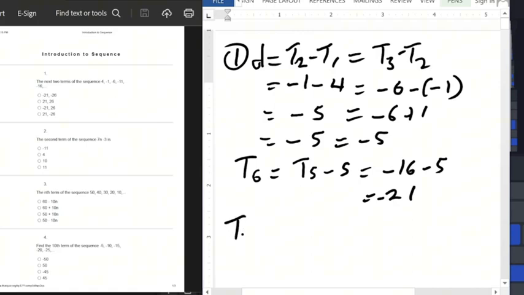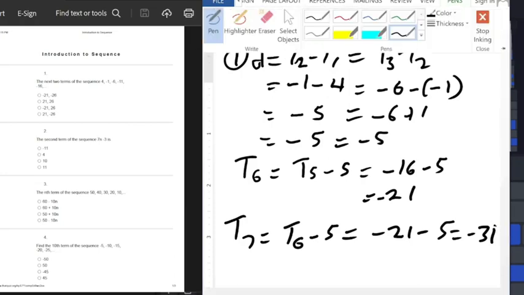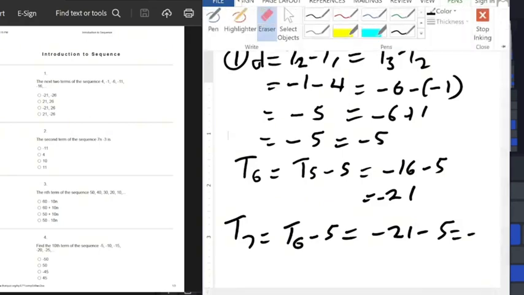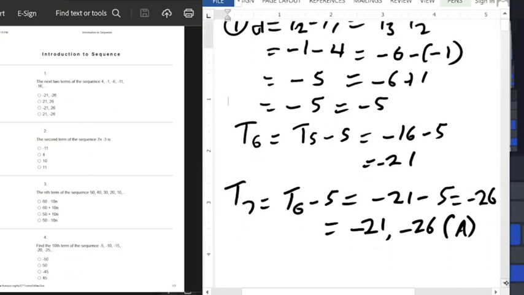Then T7 equals T6 minus 5, which is minus 21 minus 5, which is minus 26. So the next two terms are minus 21, minus 26. That is option A. So number 2.